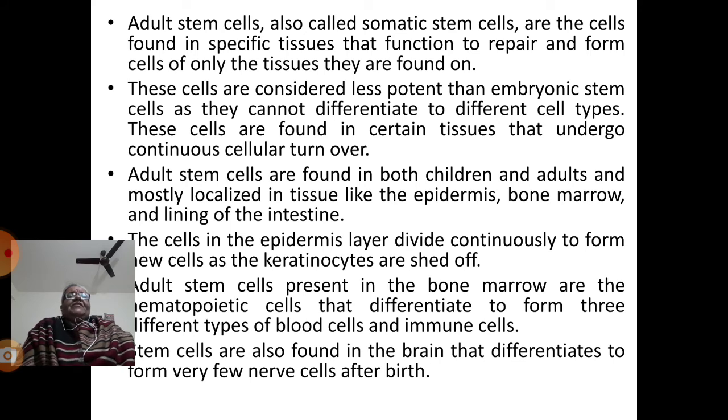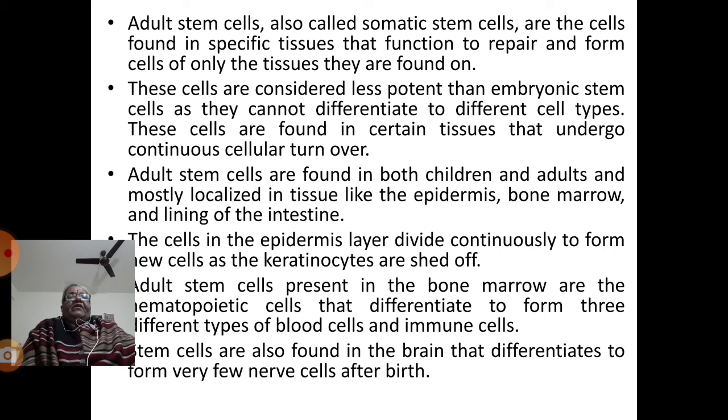So they are found in specific tissues as I was telling you, and function to repair and form cells only of the tissues they are found in. So the stem cells found in the liver can produce only liver cells. That's what I exactly mean. That means their capabilities and potentialities are comparatively less compared to embryonic stem cells, all right.